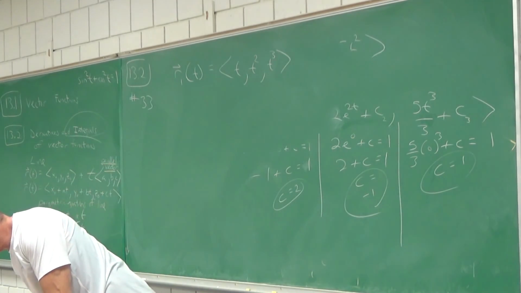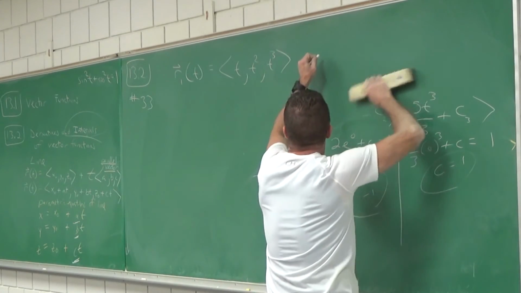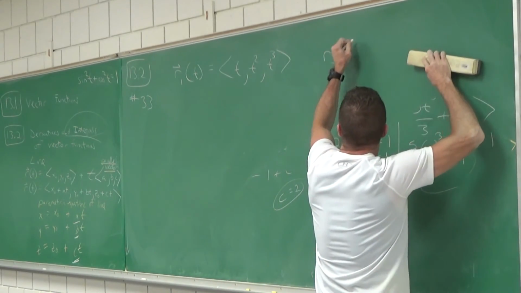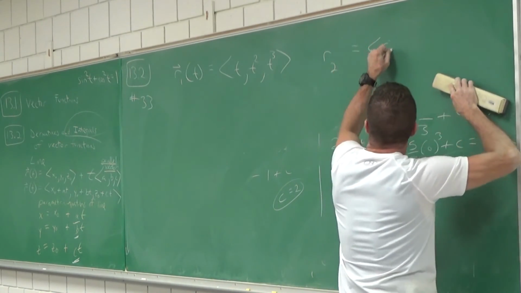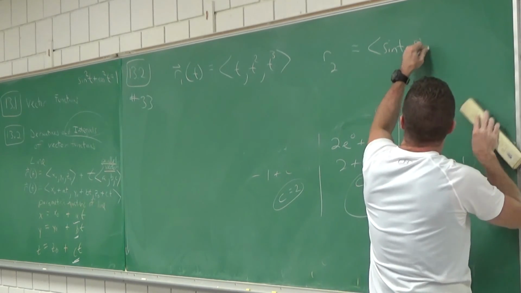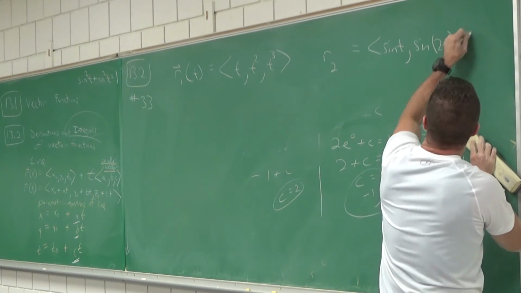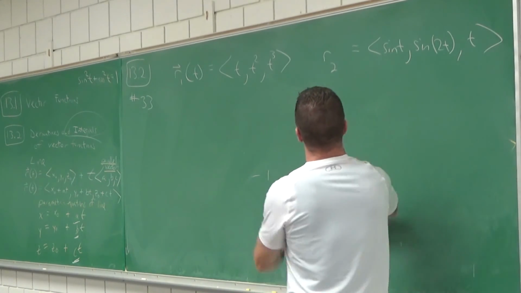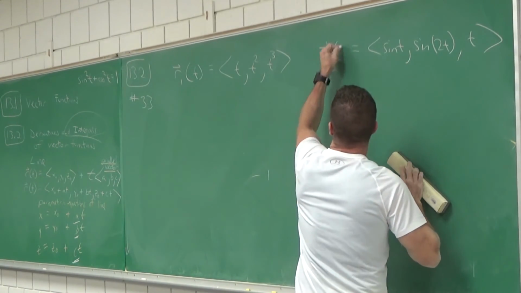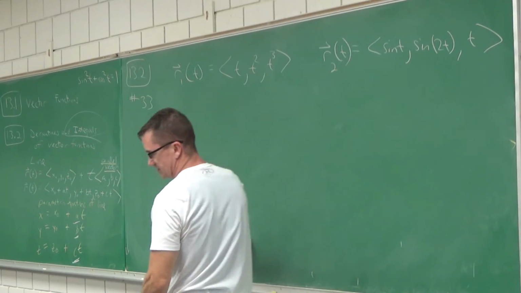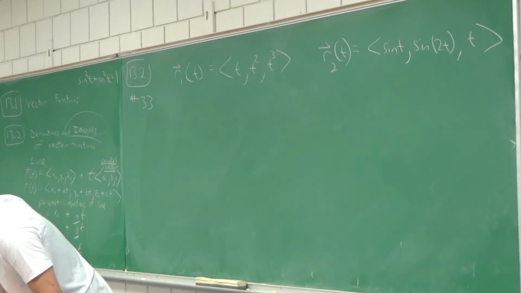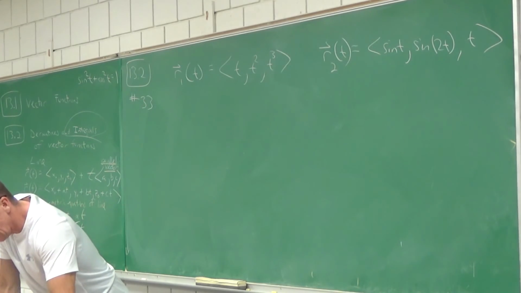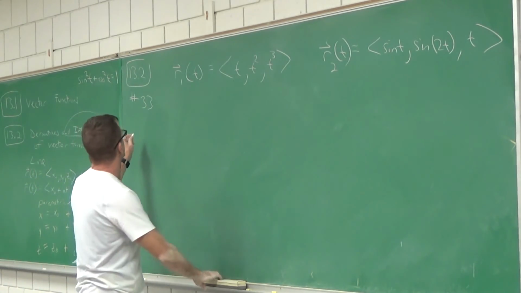R sub 2 is sine of t, sine of 2t, and t. All right, so here are the two space curves, the two vector curves, and they want you to find the angle of intersection.